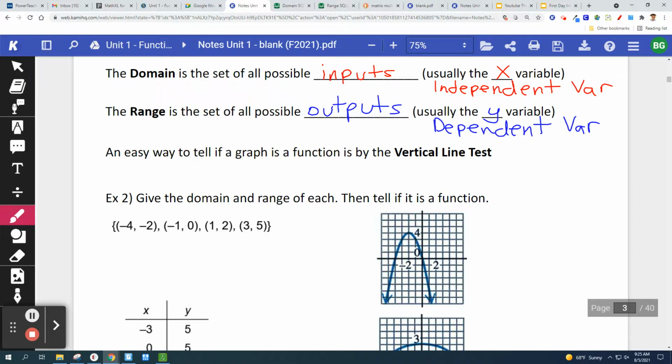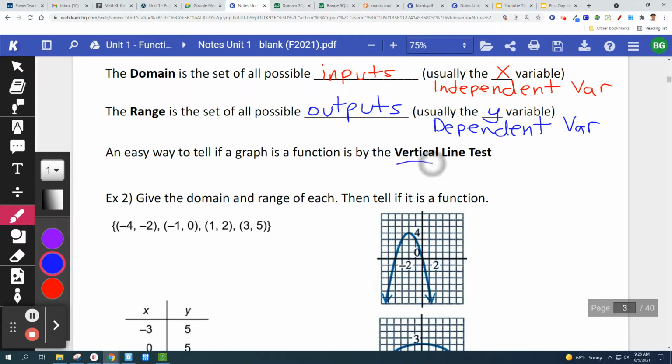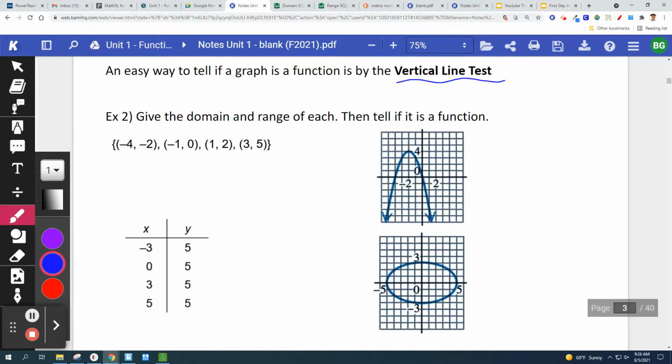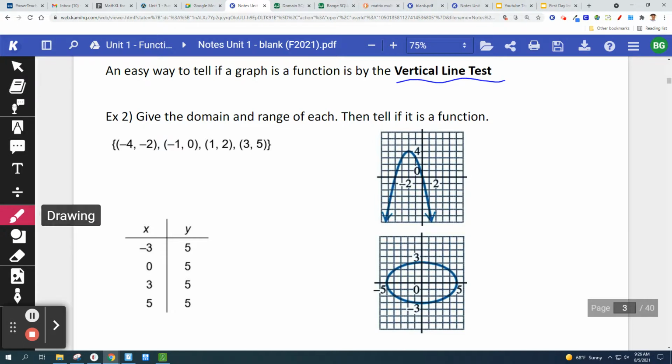Okay. An easy way to tell if a graph is a function is by the vertical line test. Vertical line test, I know you've done that before. So, when you look at this graph, you can see that that is a function because it passes the vertical line test.